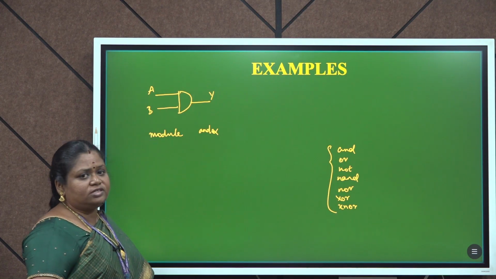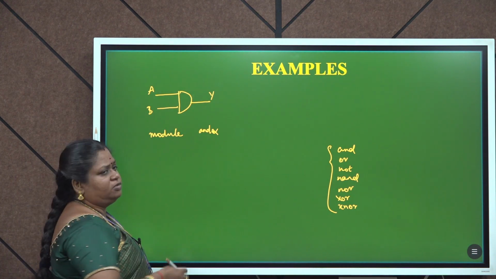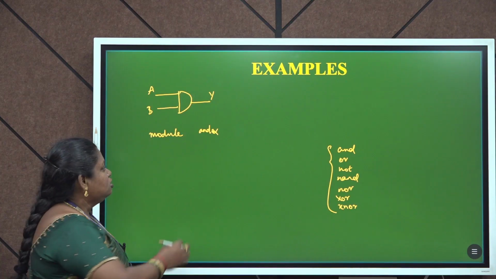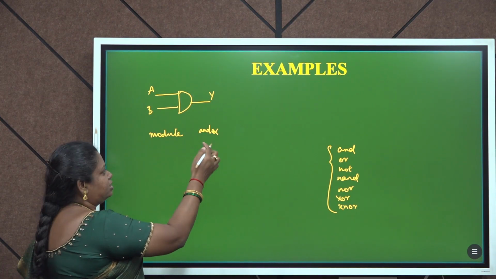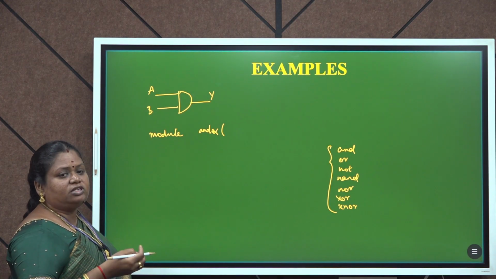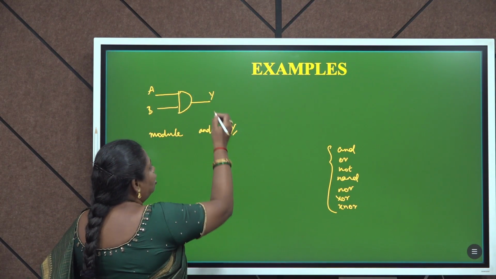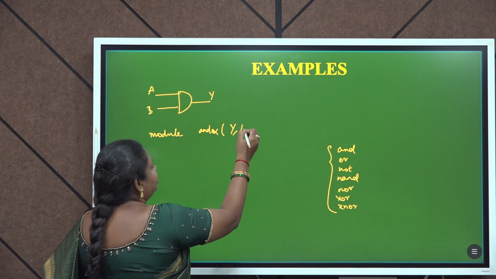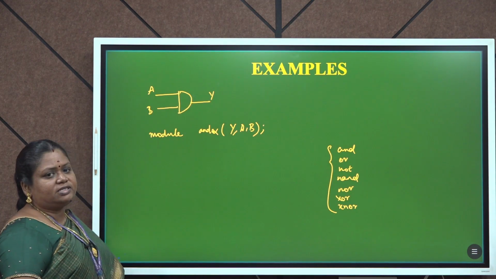We must not use these keywords as the module name. Whenever we use a keyword as the module name, there will be an error while executing. So I take it in a separate way, that is why I have written AND example, followed by the ports: the output port as well as the input ports. Y is my output port, A and B are my input ports. Then you complete it with a semicolon.